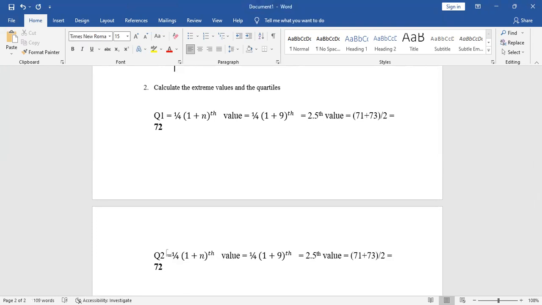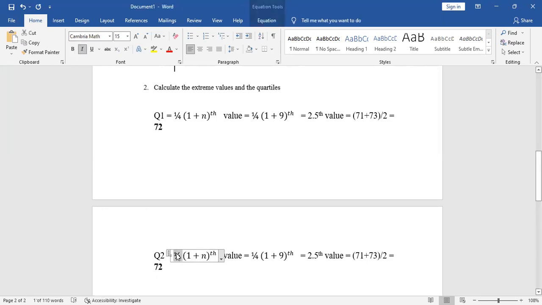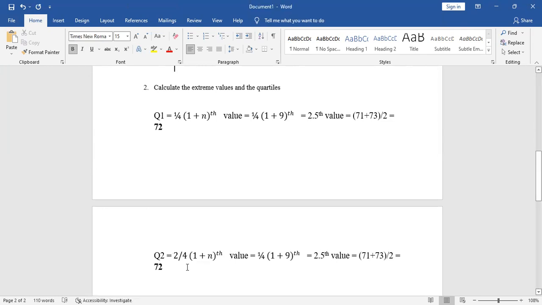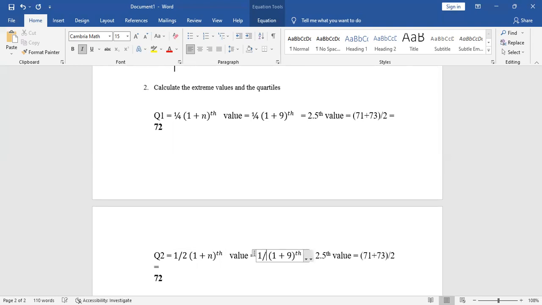I'll put 2 over 4. 2 over 4 times n plus 1. Now 2 over 4 is as good as 1 over 2. So 2 into 2 is 1, 2 into 4 is 2. So the formula is reduced to that. So 1 over 2.